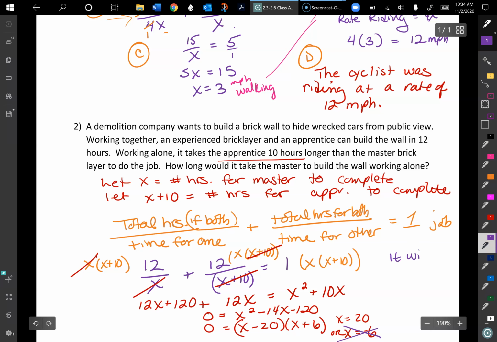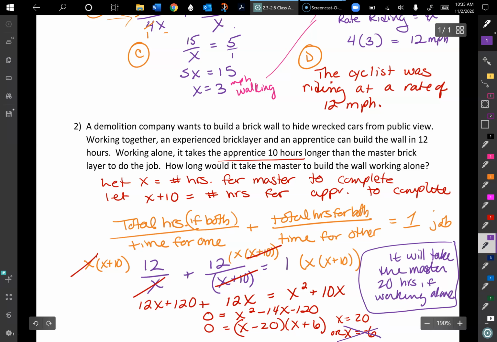So my answer is going to be, let's squeeze that in here. It will take the master 20 hours if working alone. And that's to complete the entire job by himself.